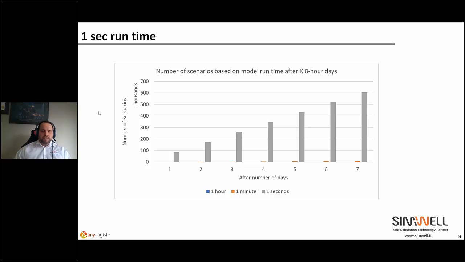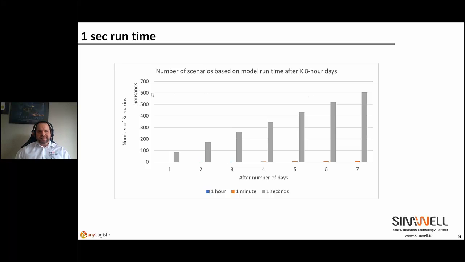And we're working with an AI partner nowadays, and this is not necessarily anyLogic, it's more anyLogistix, but we're building a model that we're going to use to train AI. And our AI partner is thinking that we'll need 1 million runs to train the AI, right?